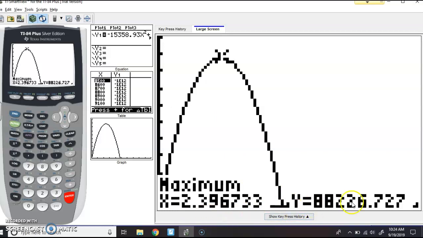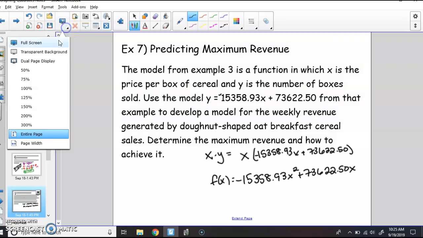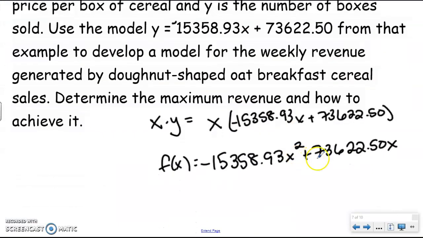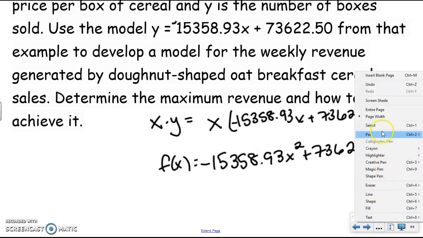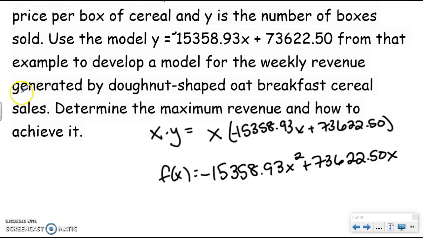And we have about 88,226. Okay, so go back to this. Determine the maximum revenue and how to achieve it. So if we look at the situation, our y value is going to be the maximum revenue. So on your graphing calculator, you should have this value.